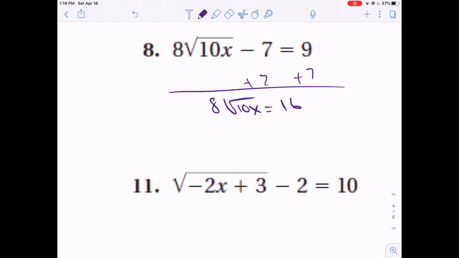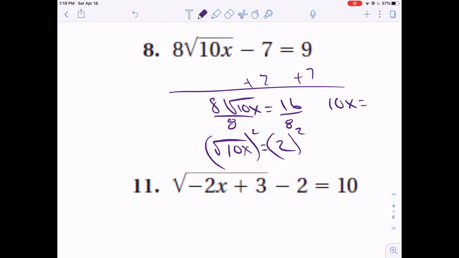Now this 8 has to go, so I'll divide both sides by 8, and that works nice. So I have the square root of 10x equals 2. And now, to get rid of the square root, I'll just square both sides. And then I'll have 10x equals 4. Divide by 10. All right, it's a fraction. But guess what? We don't have to do anything else with it. And there you go.